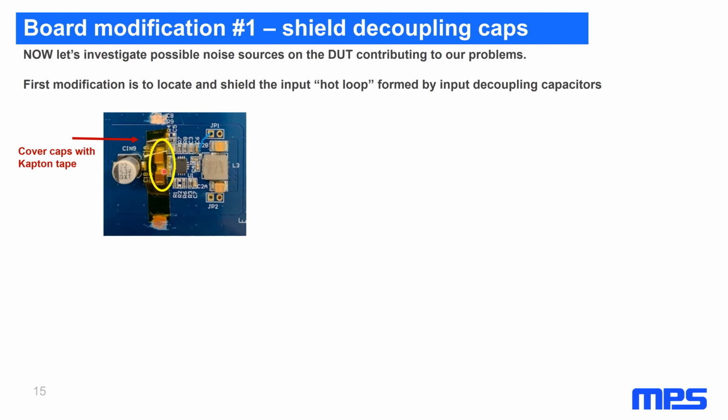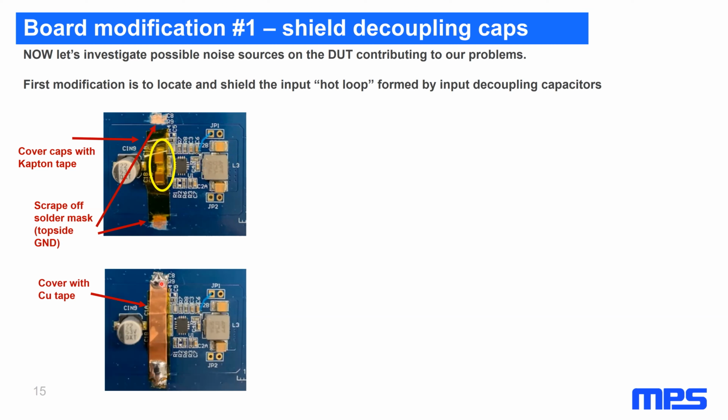So here, I can cover my caps with Kapton tape, which is just a thermal insulating tape. I scrape off solder mask above and below this set of caps in a ground pour area on the top side of the board. Next, I stick a piece of copper tape over these caps, and then I add some solder to the tape and to the ground where I've scraped the solder mask off, so I have a good ground connection on the top and bottom.